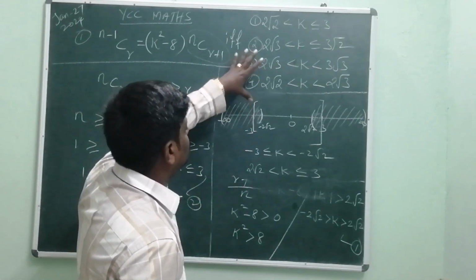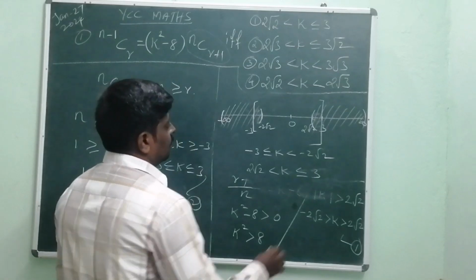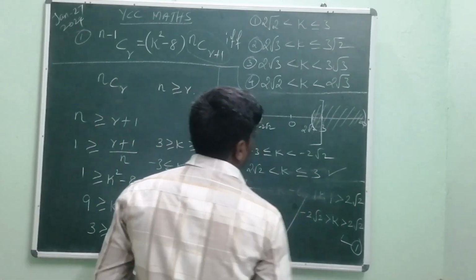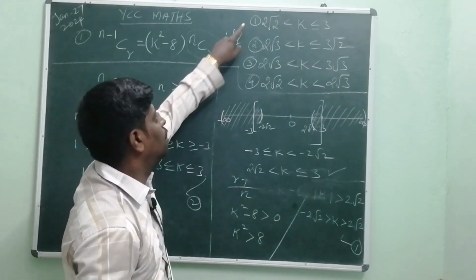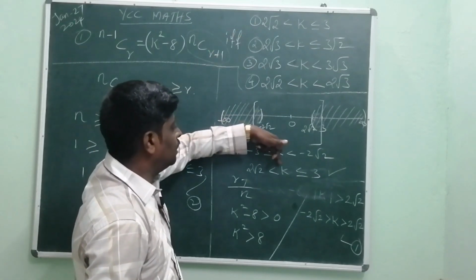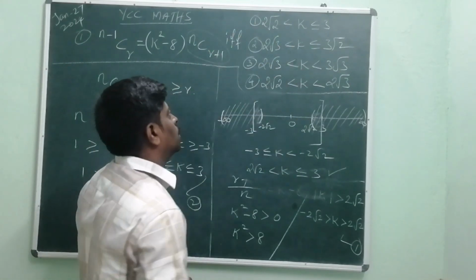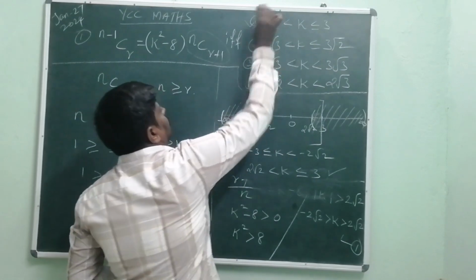Now look at the options. This result is given in option number 1: 2 root 2 less than k less than or equal to 3. The first option is the correct answer.